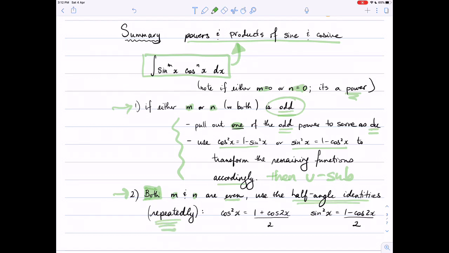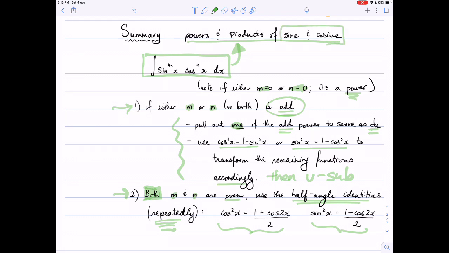So you have to use laws of exponents, and then all of these identities, and then expand them, and then reapply them. So when both are even, there's a lot more work involved, but it is entirely manageable to do by hand. Okay, so that is the products and powers combinations of the sine and cosine.